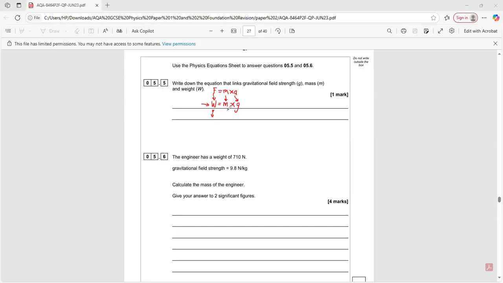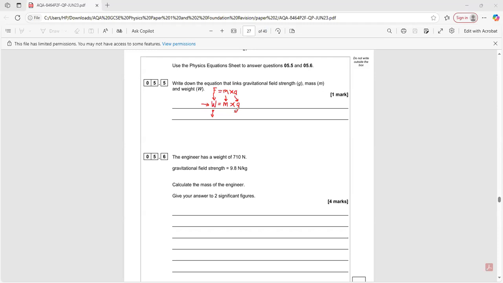That mass can be moving left or right or even upwards if you are jumping. But your weight is mass times acceleration due to gravity, approximated between 9.8 and 10. Whatever you get is weight and the unit is Newton.